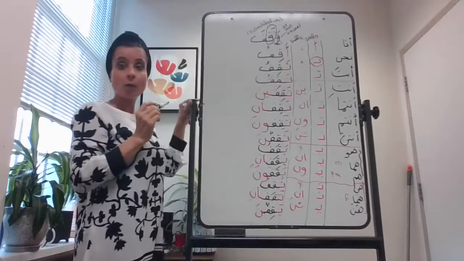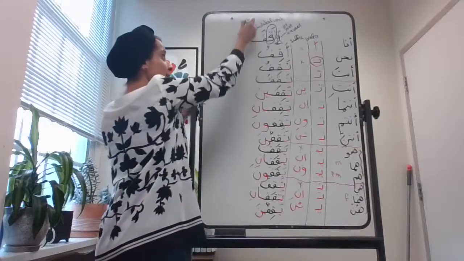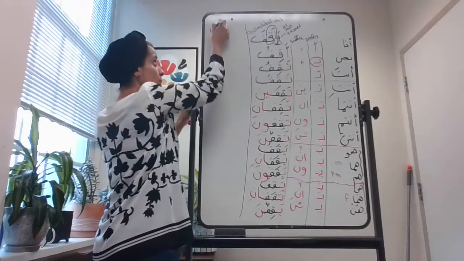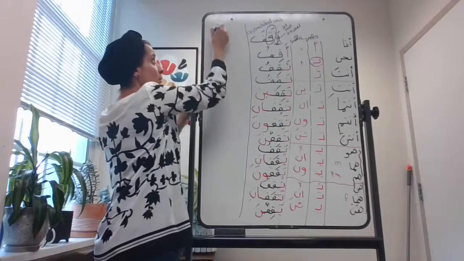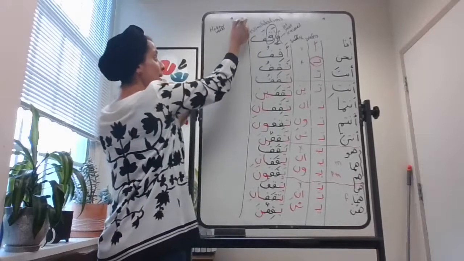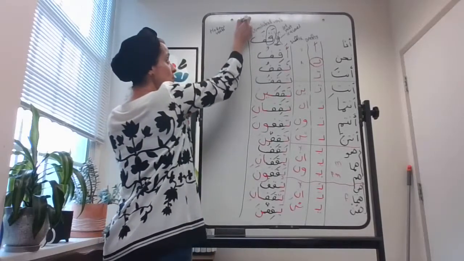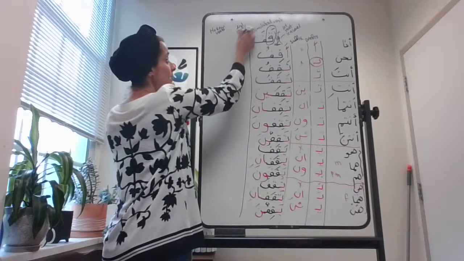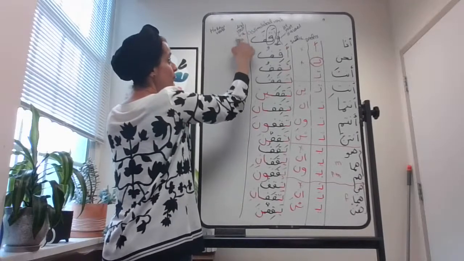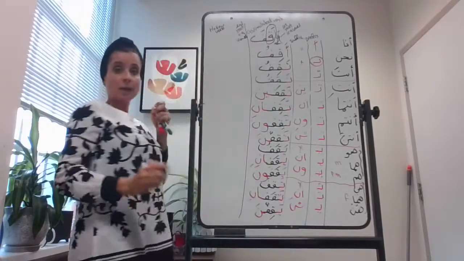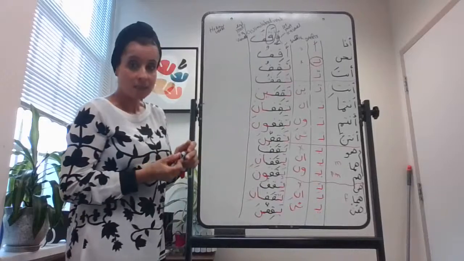Now we are going to see an example of a hollow verb, a verb whose second root is a vowel. And as I just mentioned, there are many examples.